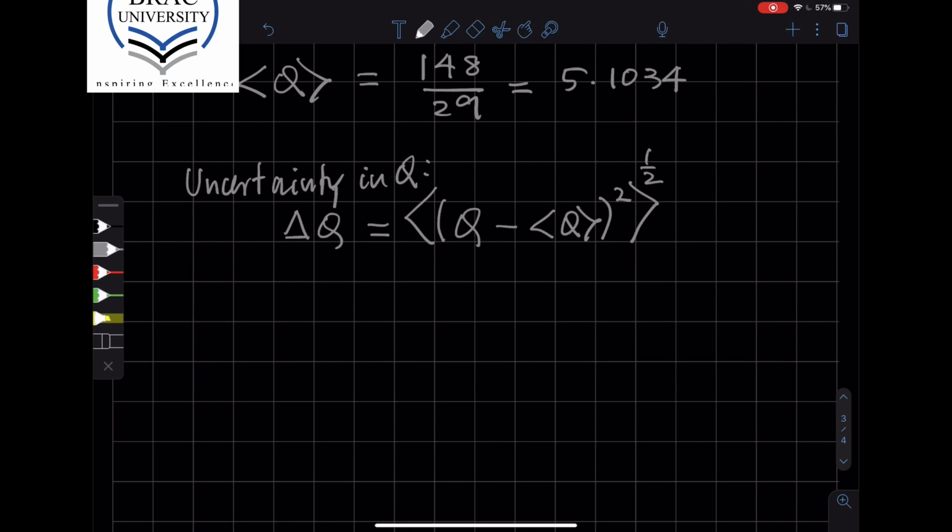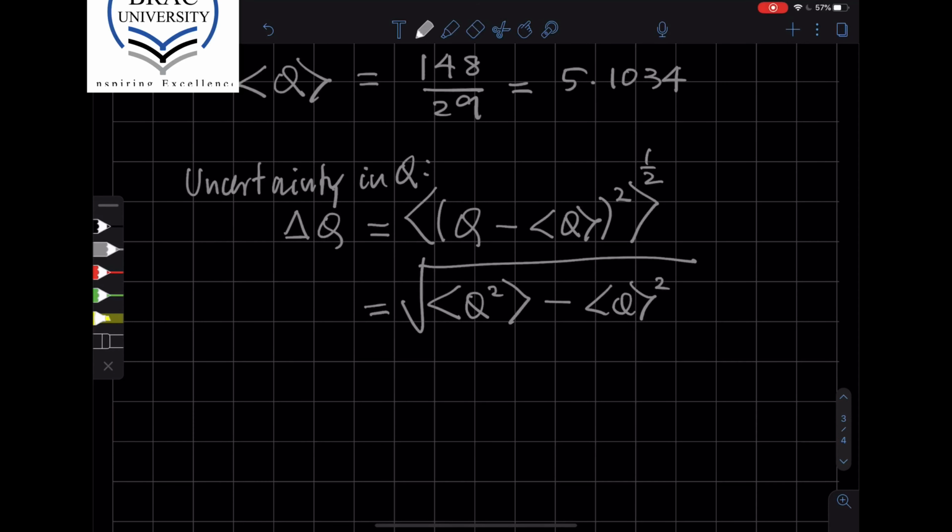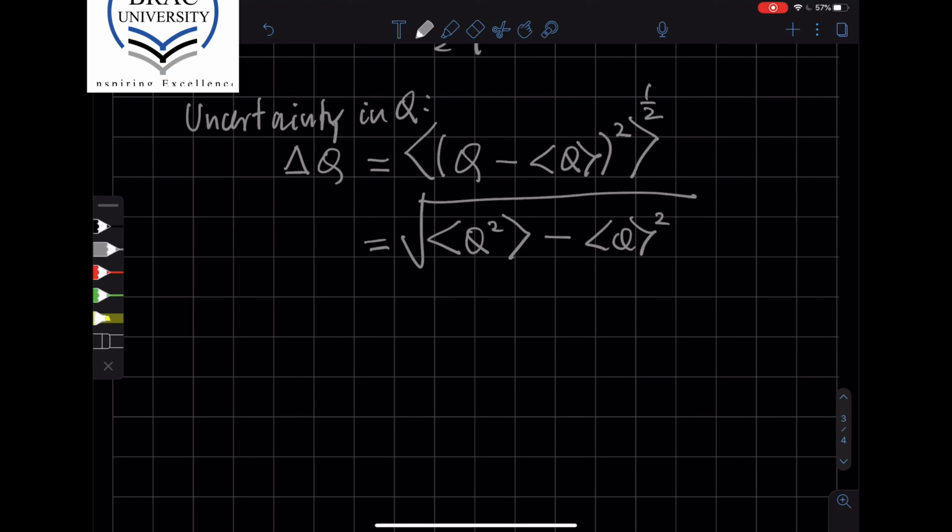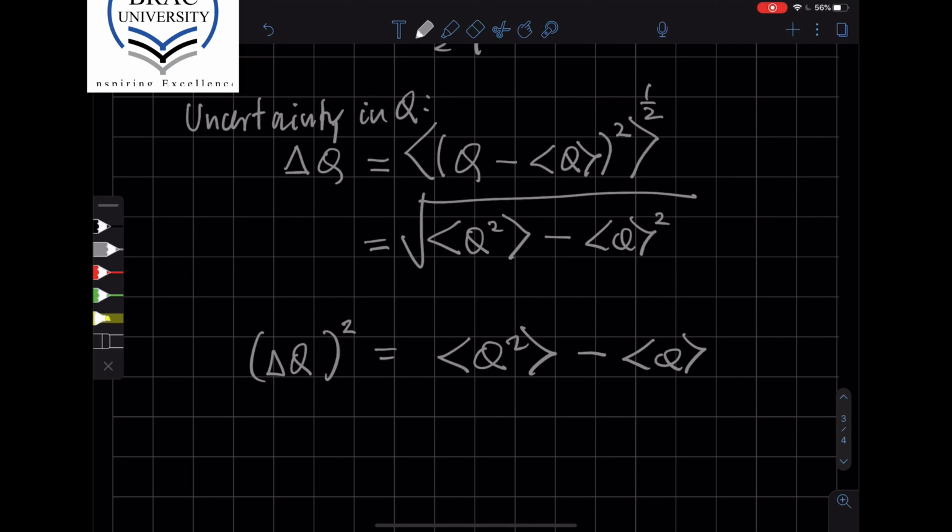And it's very easy to show that this is equal to, in other words, we have delta Q squared is the average of Q squared minus the square of the average of Q.